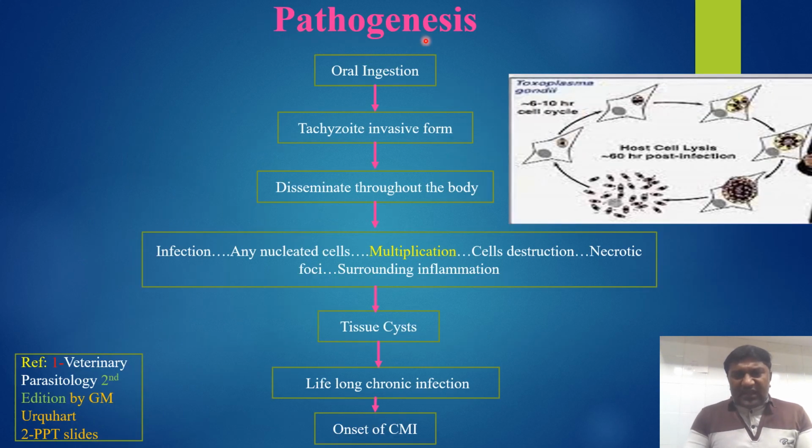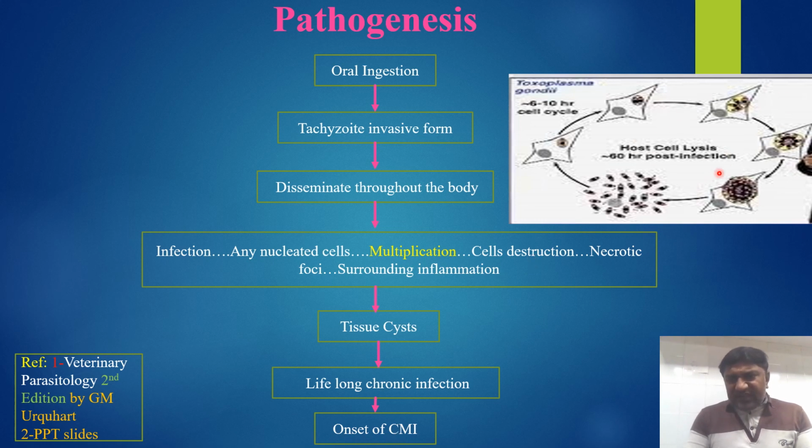So, pathogenesis. First of all, oral ingestion of tachyzoites in viral form, and it spreads in the blood and disseminates through the whole body. Infection of nucleated cells and multiplication take place, with cell destruction and necrotic foci. It causes surrounding inflammation and forms tissue cysts, and these tissue cysts are the big source of lifelong chronic infection and onset of CMI.